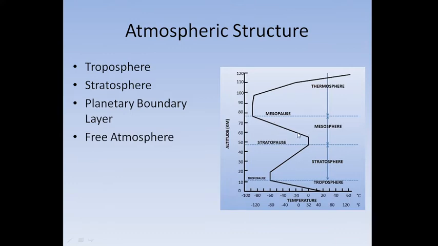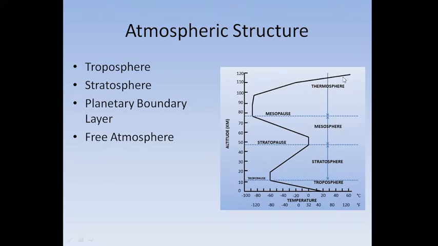You do have a few clouds that can happen in that area, but you really can't see them. Then the mesopause is the transition up into the thermosphere, and the thermosphere is what protects us, and that's a major inversion.